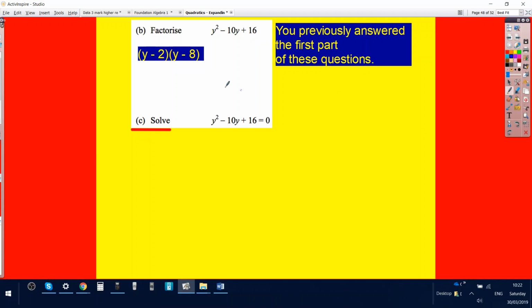So this is your previous answer. Use that to do part C. Okay. So for it to be 0, would it be y equals positive 2 and y equals positive 8? Yeah.